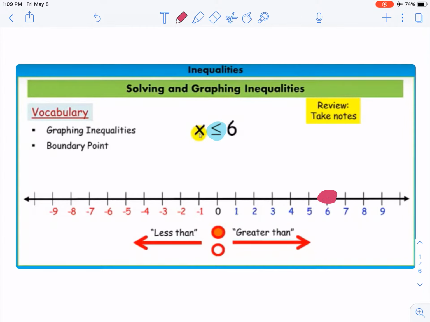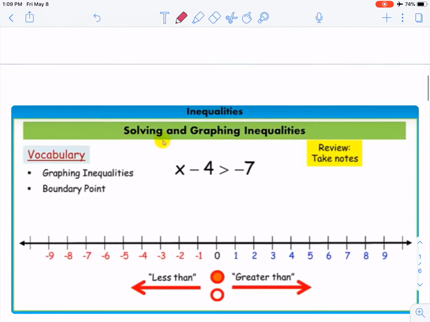X being less than 6, I would shade in the negative direction toward my smaller values, remembering to include my arrow in my shading. This just shows that I know this is only a little piece of the number line, and the number line will continue in the negative direction, showing more solutions of numbers that would be less than 6. All of these numbers that are included in my shading are smaller than or equal to 6 itself. So that's kind of the first step.